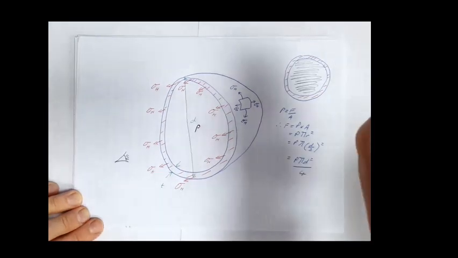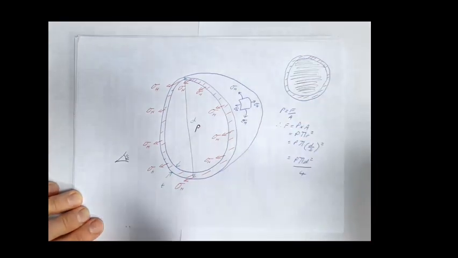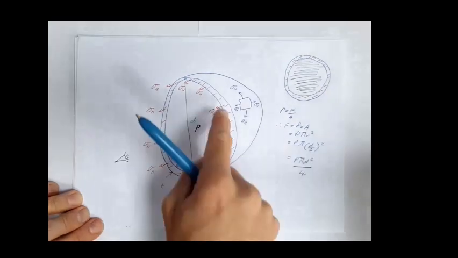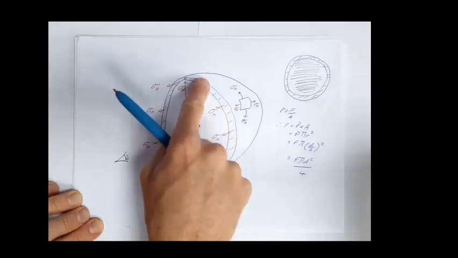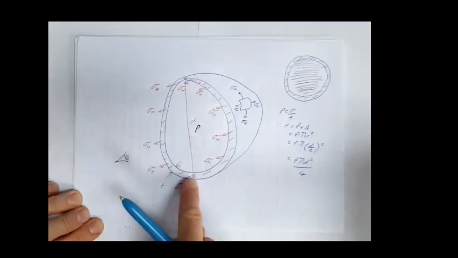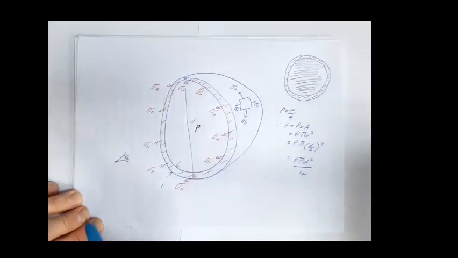Okay, so that's the force going into the page here. We can also consider the force coming out of the page, the force resisting that, the force holding my sphere in equilibrium. That force comes from these stresses, these hoop stresses.